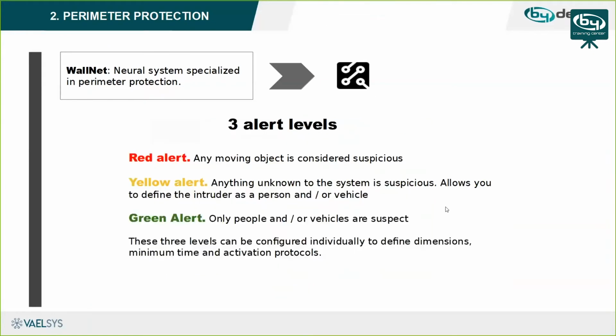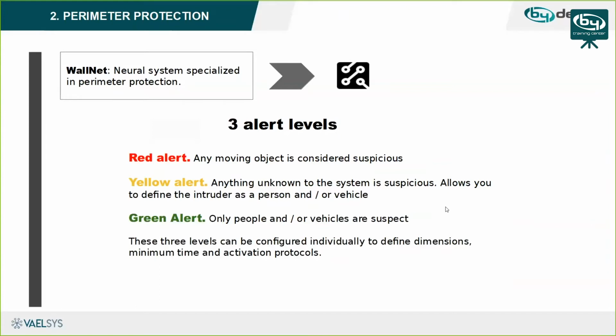Okay, so it's based on 3 alert levels. So we got red alert, yellow alert, and green alert. Red alert is if any moving object would be considered as suspicious, like that box or anything else. Then we got yellow alert. Anything unknown to the system is suspicious.